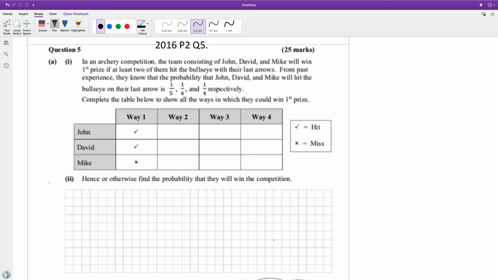Down here we have 1 over 5. What's the probability David misses? 5 over 6. Mike hits it then is 1 over 4. So that's 1 over 5 by 1 over 4 by 5 over 6, which is 1 over 24. Here is 4 over 5 by 1 over 6 by 1 over 4.